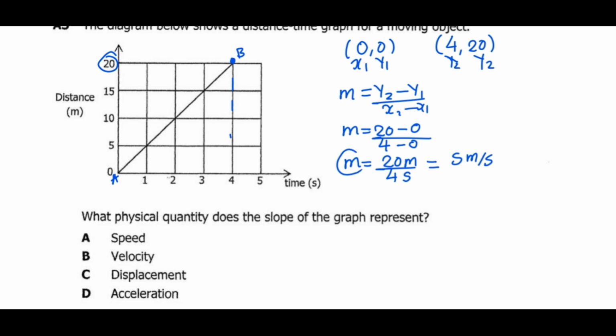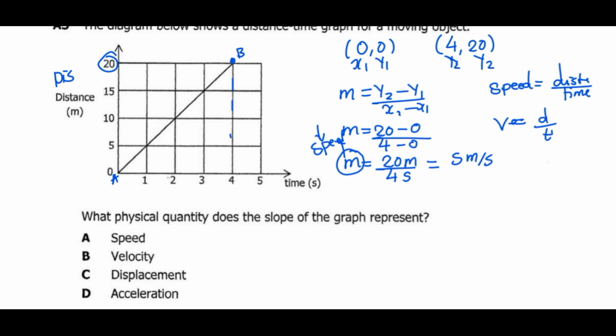So this gradient here is the same as solving for speed, because we know that speed is equal to distance over time. Now remember, if the y-axis were displacement, then this would have been velocity, because velocity is equal to displacement over time taken.